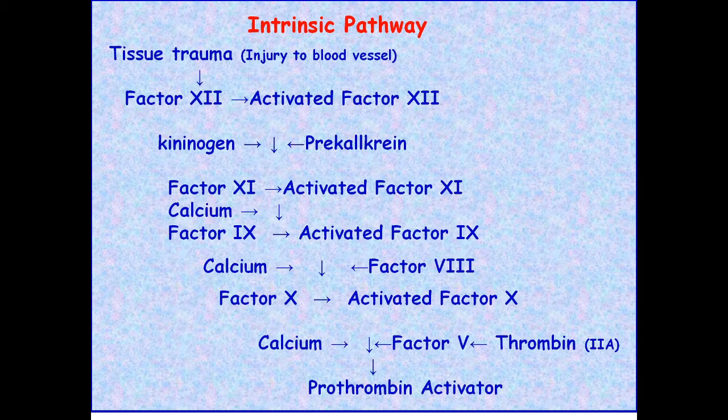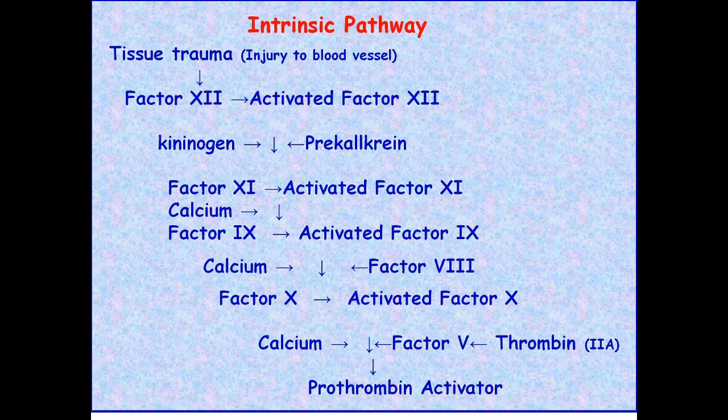As we have earlier discussed, in the intrinsic pathway, injury to blood vessel or tissue trauma causes activation of the factor 12. This factor 12 gets activated in presence of kininogen, the high molecular weight kininogen.